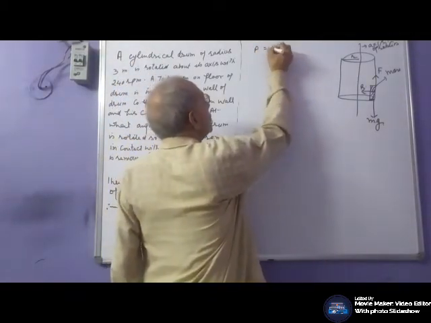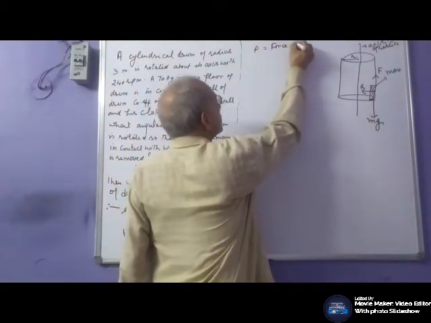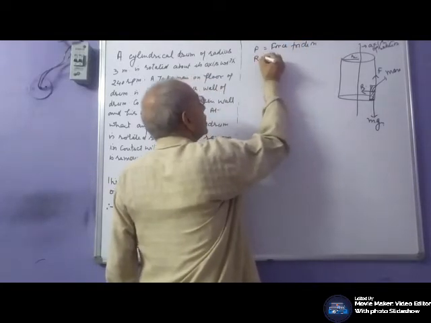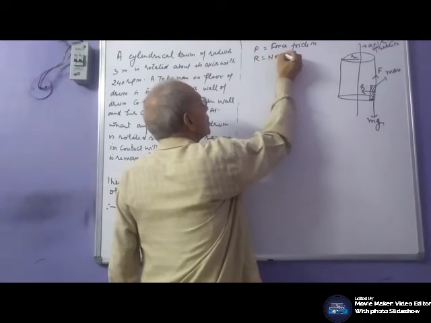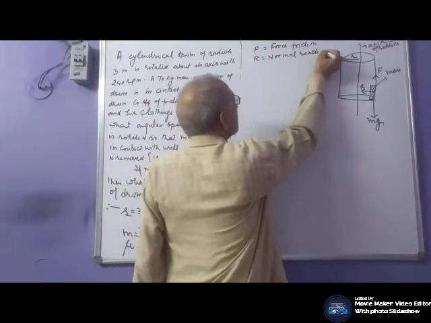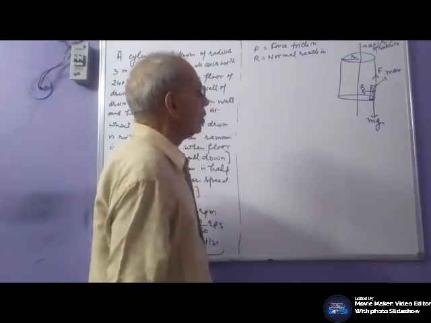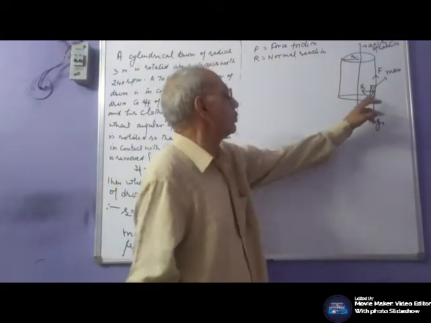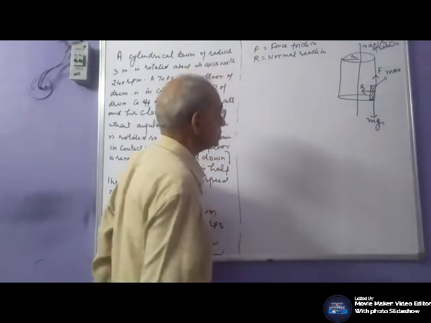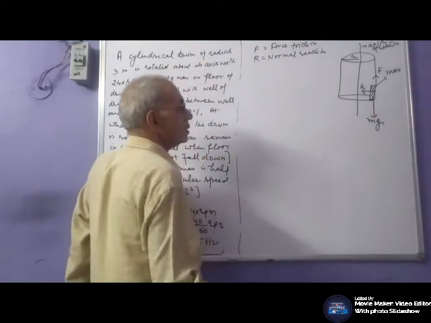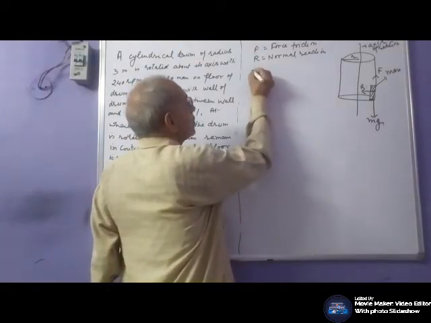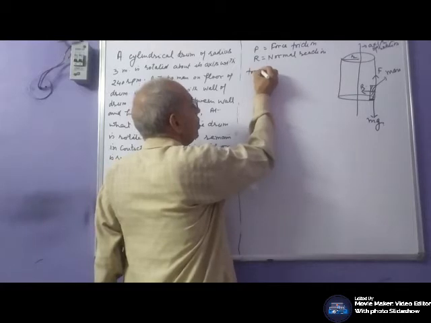F is the force of friction, R is the normal reaction. Weight is downward, force of friction in the opposite direction. He will not fall, from the figure.